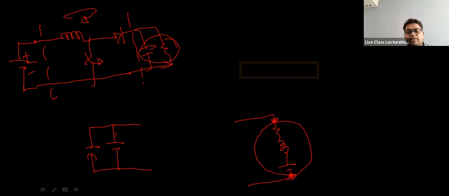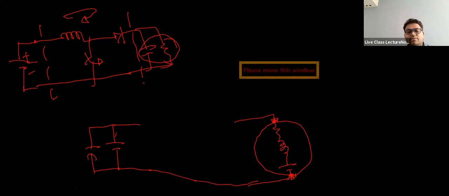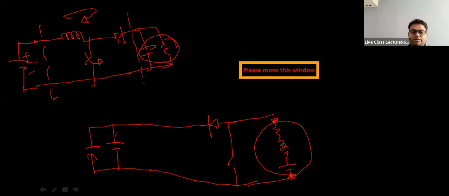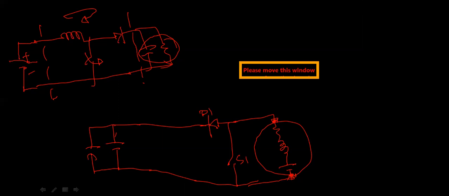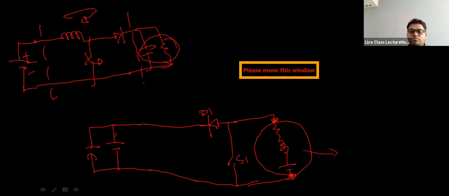So this is the RLE load, and then finally this would be the connection, sorry for the diagrams. So just tell me, if I close this S1 switch, what will happen? The current will start to flow. This is being driven by another motor or by the slope of the road. So this would be E back EMF, right? And this would be L.